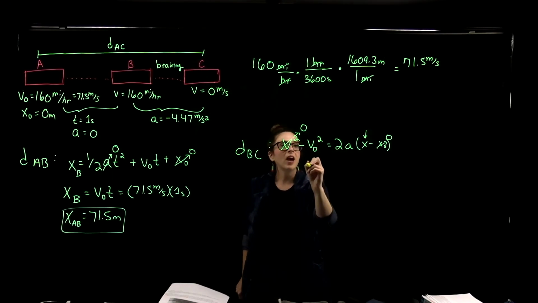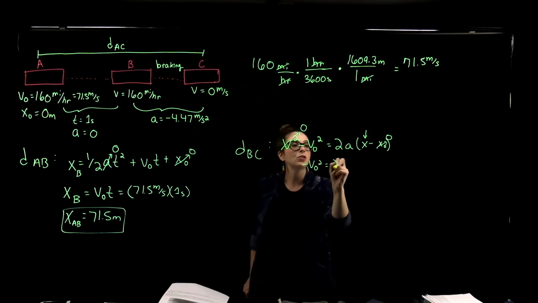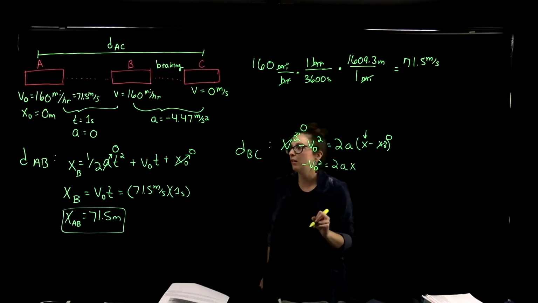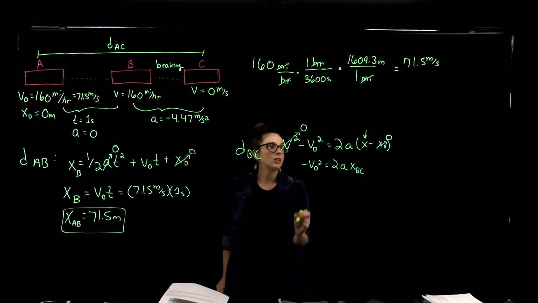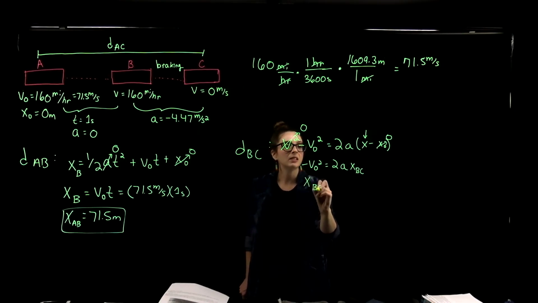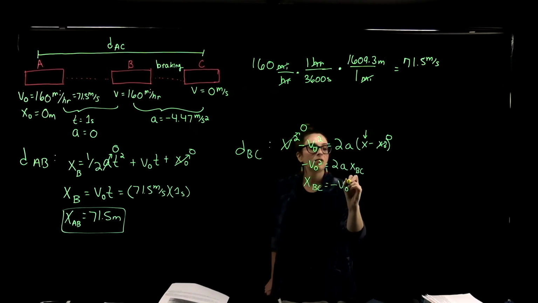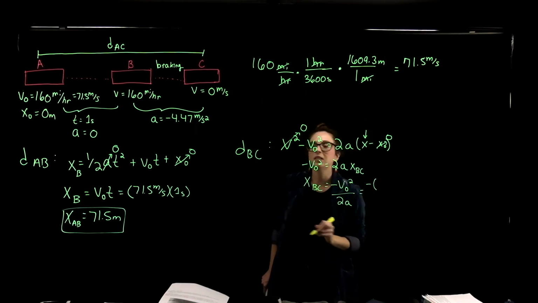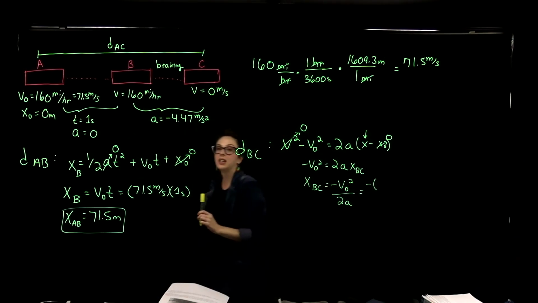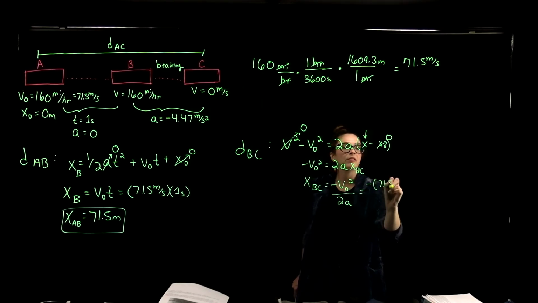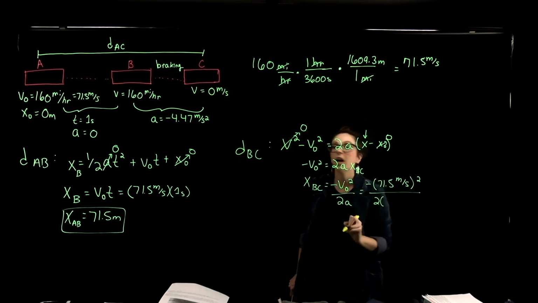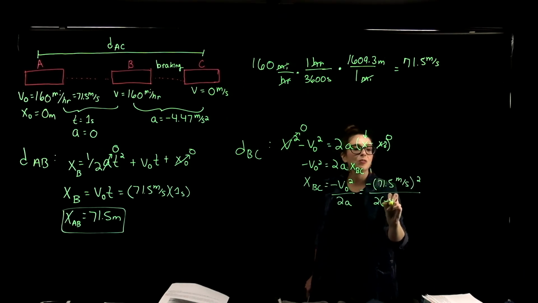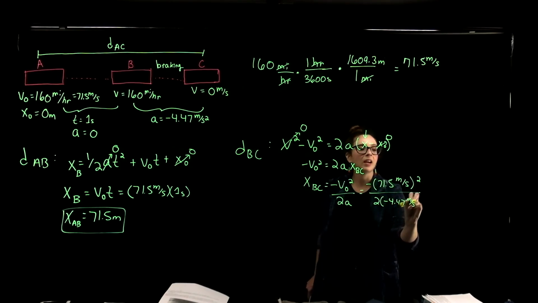So we've got minus v0 squared equals 2ax, and I'm going to call this x BC. Solving for x BC, x BC is equal to minus v naught squared over 2a. That's equal to minus, for this segment, our initial velocity at point B, 71.5 meters per second, squared, divided by 2 times the acceleration, minus 4.47 meters per second squared.